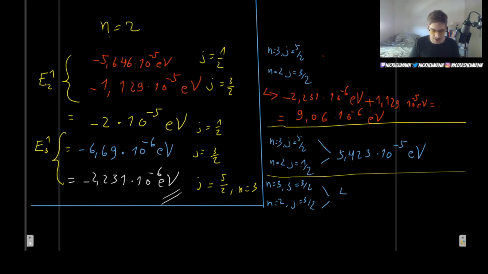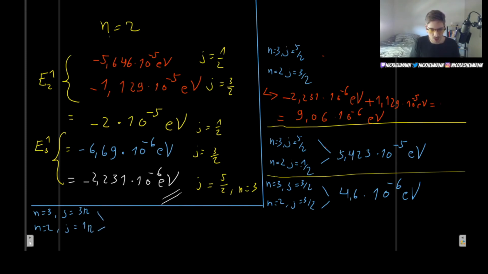So this time we get 4.6 times 10 to the minus 6 electron volts. Easy.